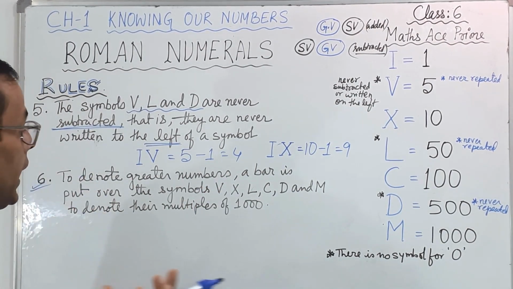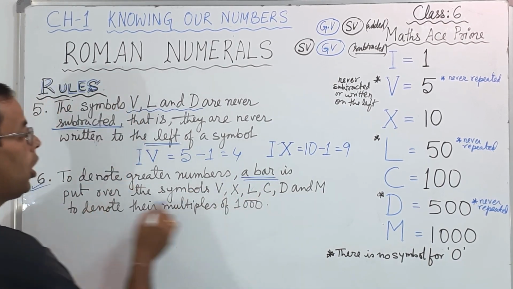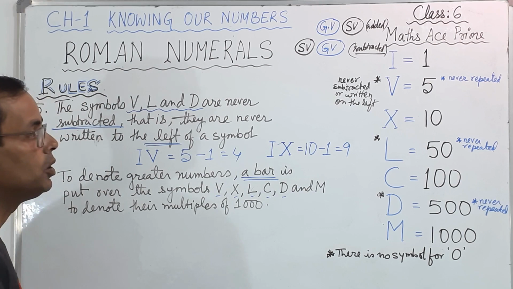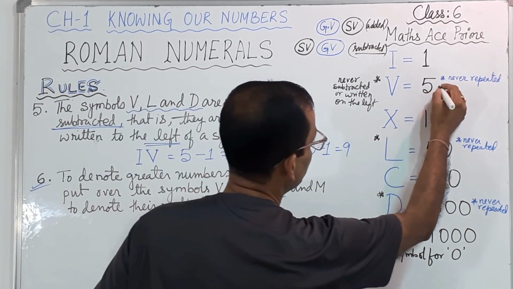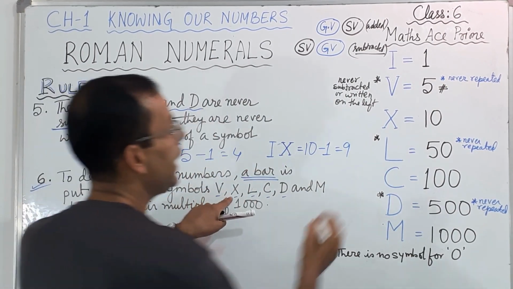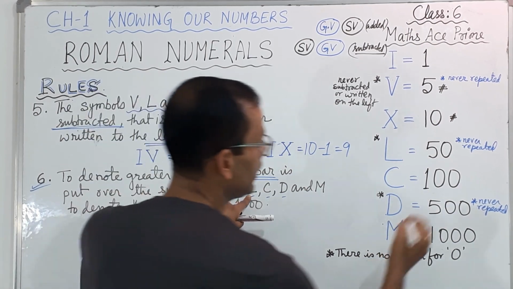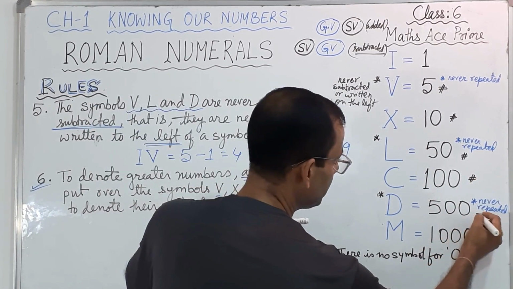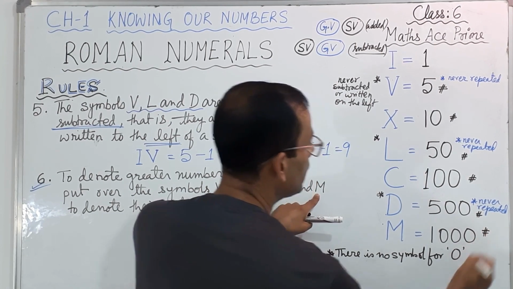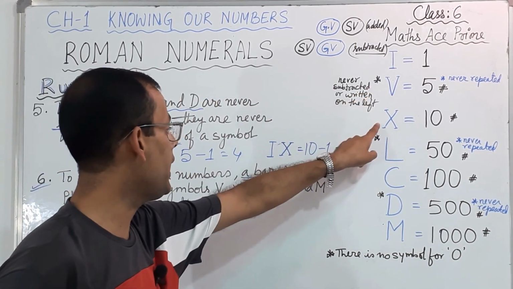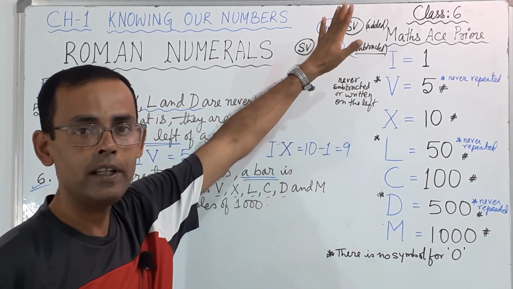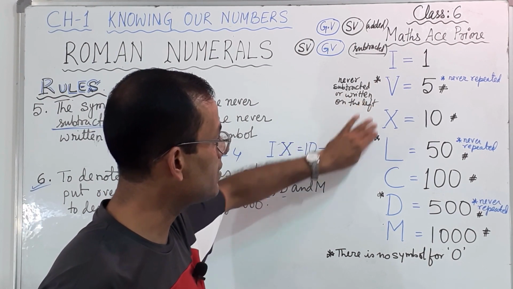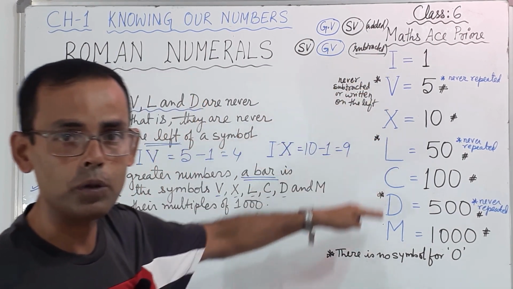So if you want to write big values, you have to put one bar, over the symbols V, X, L, C, D and M. Here V is there, then X is there, then L is there, then C, then D, and then M. That means V, X, L, C, D, M, leaving I, all you can put a bar.